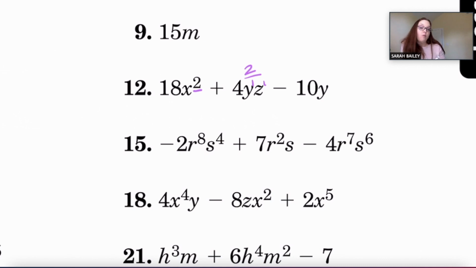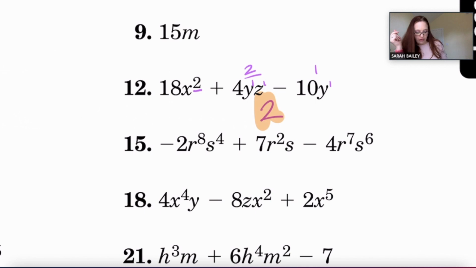And then the 10y, well, that's y to the first, that has a degree of 1, right? So 2, 2, and 1. So which one do I put down? You put down the highest one. Well, 2 is the largest, so this is a degree of 2.